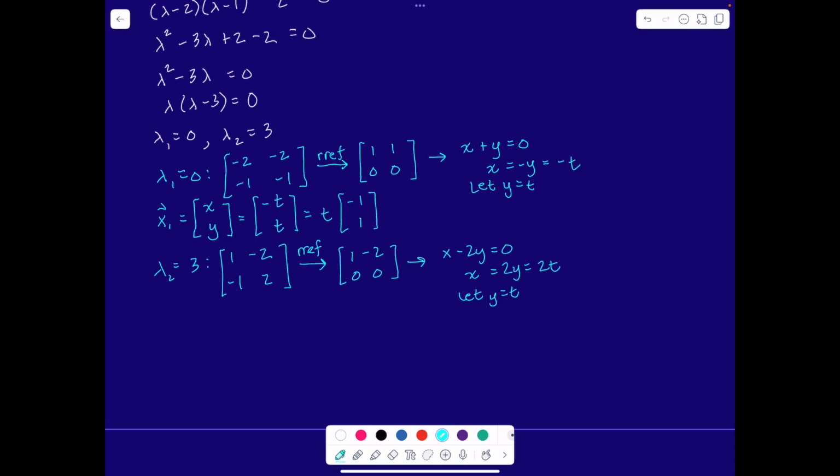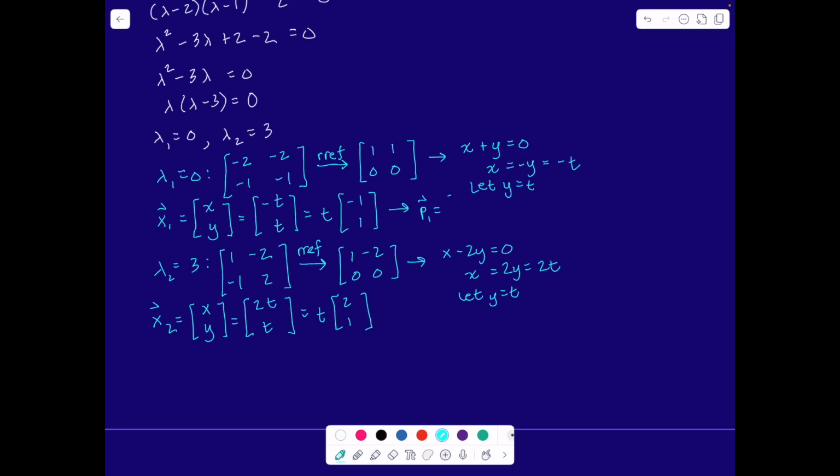So vector x2 would be x and y, which are 2t and t, which is equal to t times (2, 1). Cool so far? Awesome.